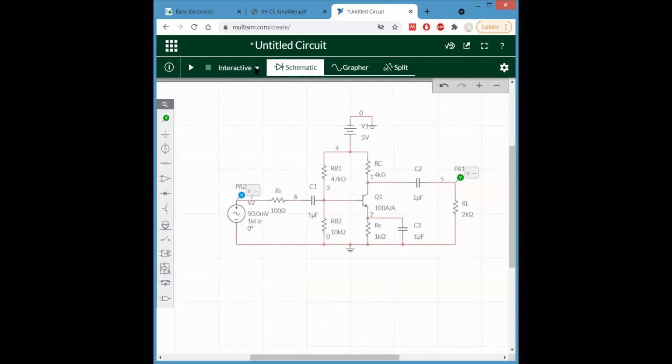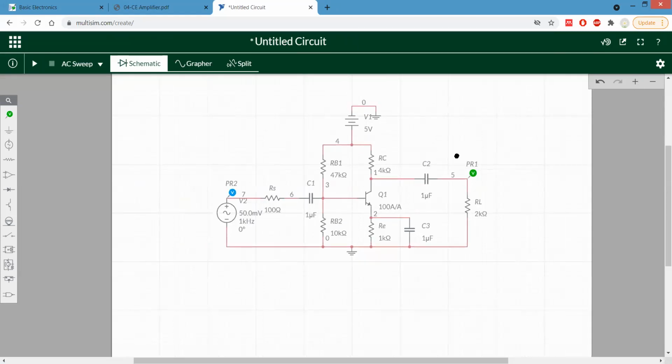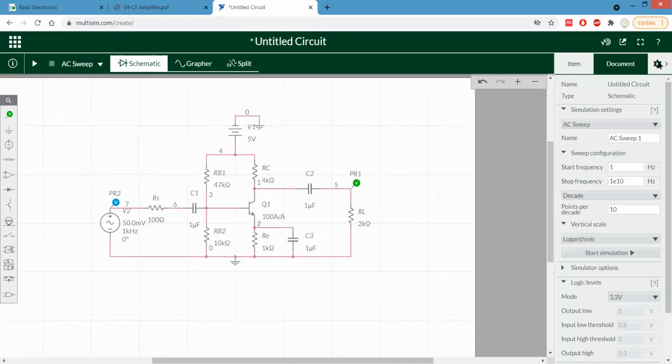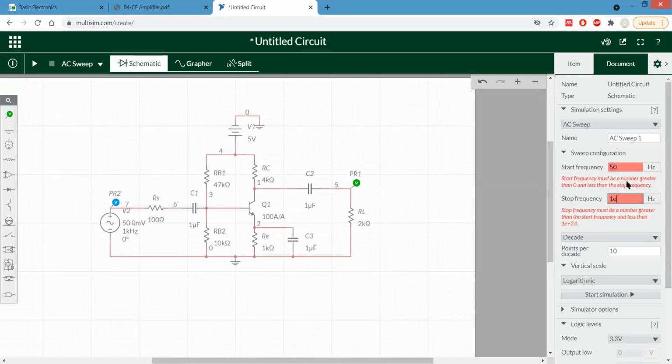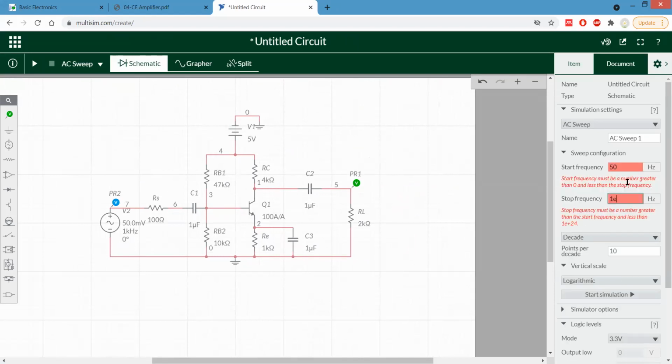So instead of the interactive one, we will do the AC sweep. For this AC sweep we have to set the frequency range we want. The starting frequency let's say is 50 hertz, and the stop frequency we can limit at 1 raised to 8 or 9, let's say.